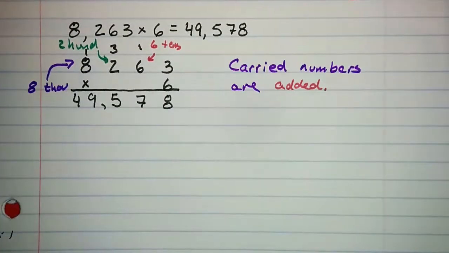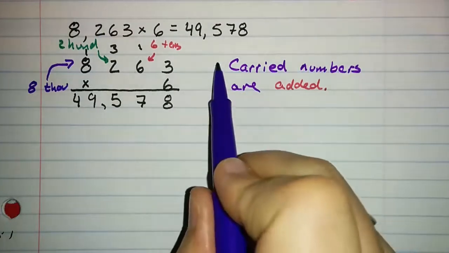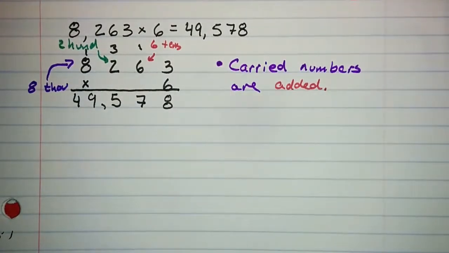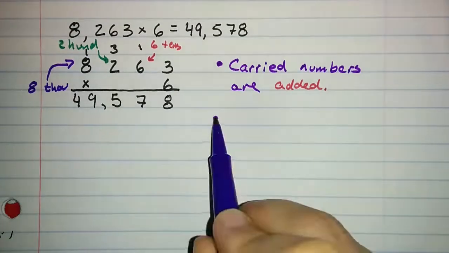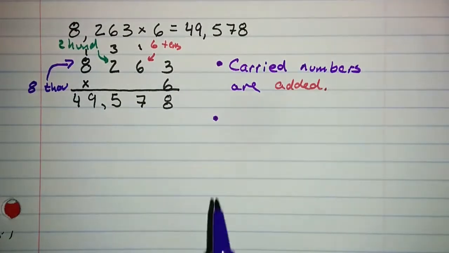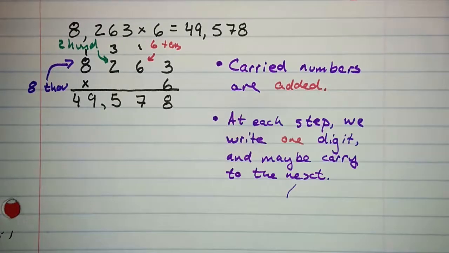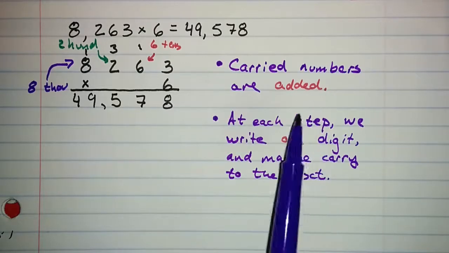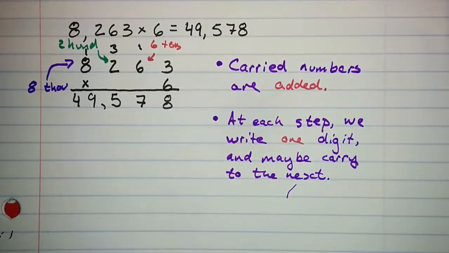The first thing we notice is that carried numbers are added, right? They aren't multiplied in. That doesn't make sense. And the second thing we notice is, at each step, we write exactly 1 digit and maybe carry to the next digit. Right, so just like with addition and subtraction, the action is happening only in one place at any given time.